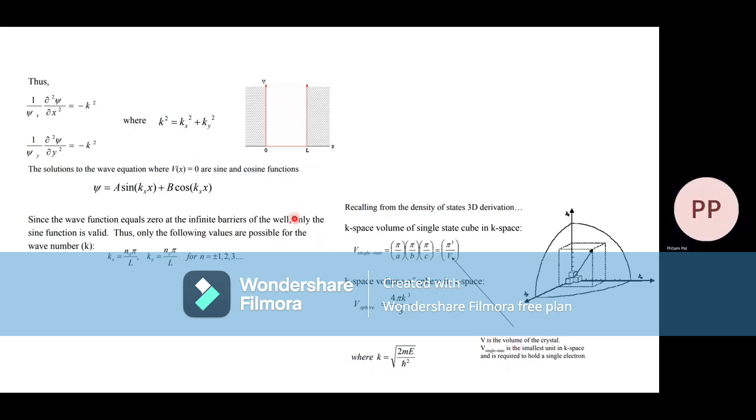So you will get something like this. The solution to the wave function where V of x equals 0 is sine and cosine functions, right? Since the wave function equals 0 at x equals 0 and x equals L, only the sine function will be valid.